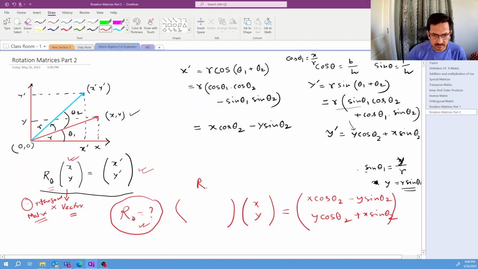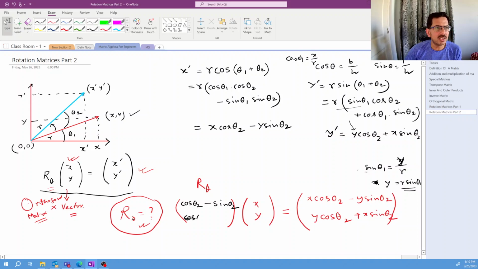So this is my r theta, right? If you do a little bit of backtrack, if you are multiplying it, this will be your cos theta, because if you multiply this, then you will get this cos theta 2, and then you will have sine theta 2, because if you do the multiplication, that's the y happening, right? X cos theta minus y sine theta is your first point.